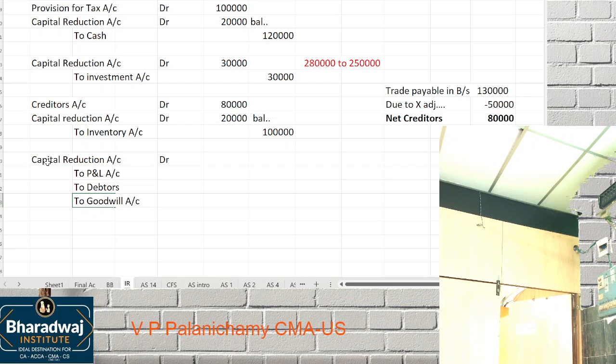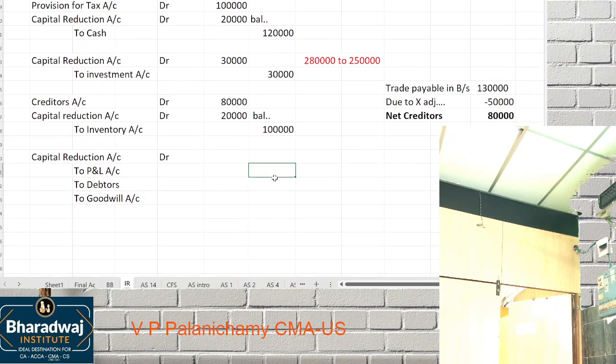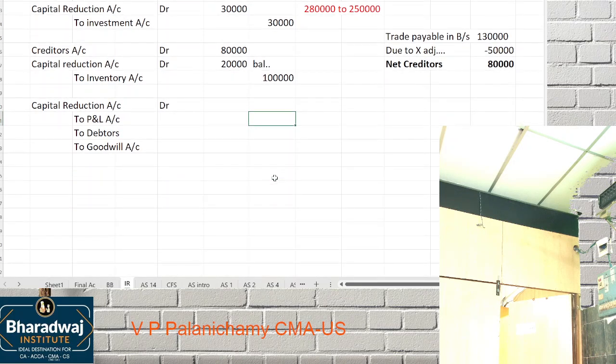How much will it come to? P&L account balance, how much to be eliminated? 2,50,000. Debtors: they ask you to create a provision of what percentage? 2% on the debtors balance.